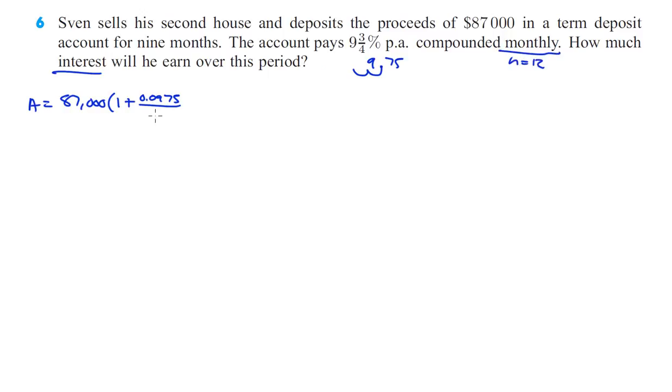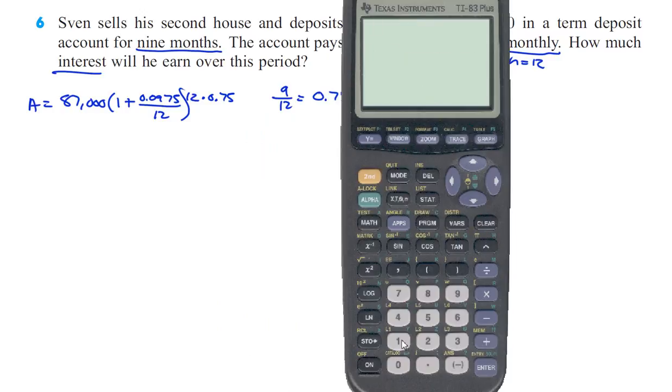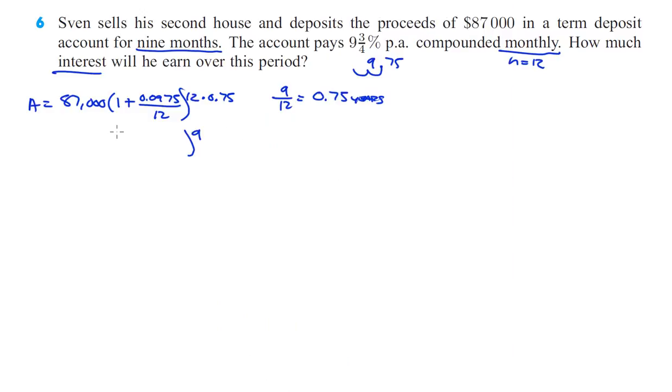So the n is going to equal 12 here, and a 12 there. And it says for 9 months, not 9 years, but 9 months. So 9 divided by 12 tells us that is 0.75 years. So it's going to be 12 times 0.75, which gives us a 9 for the power that we're going to want to enter in.